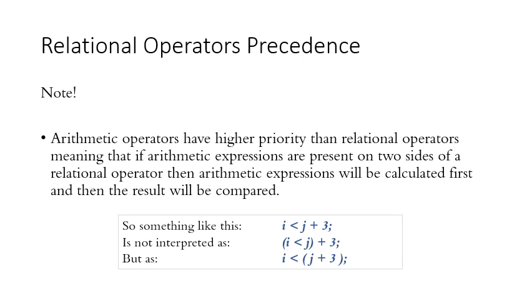For example, we have i is less than j plus 3. It is not interpreted as i less than j, then adding 3. Instead, due to precedence, we evaluate j plus 3 first, and then compare it to i. Again, arithmetic operators have higher precedence than relational operators.